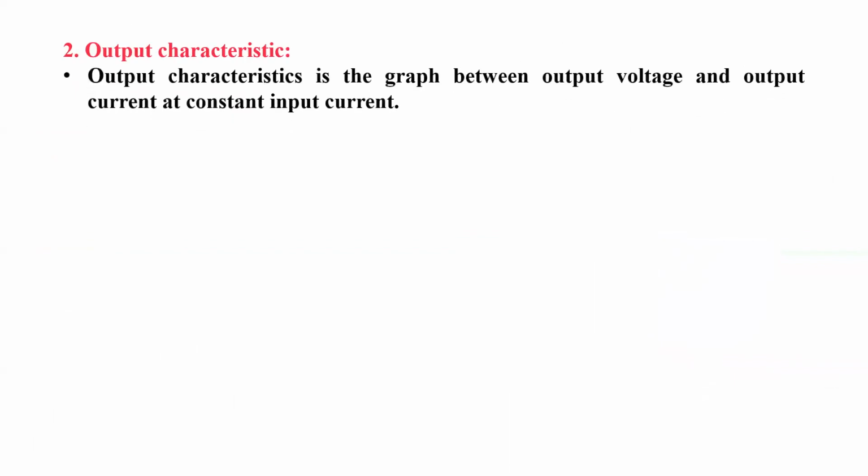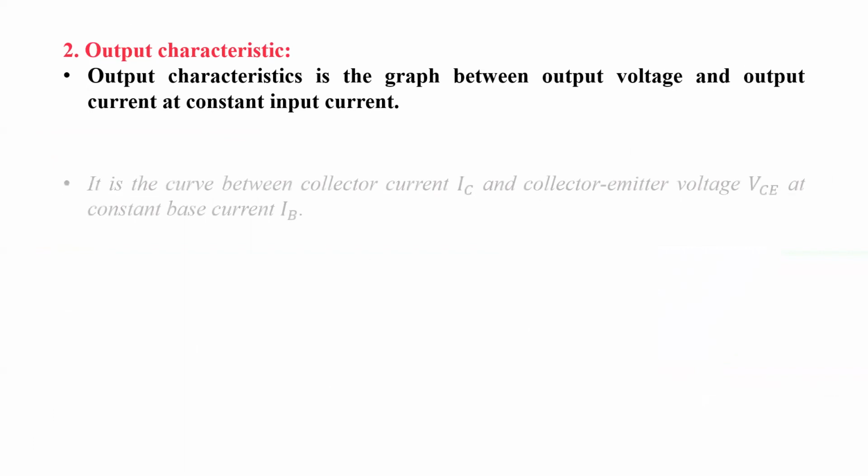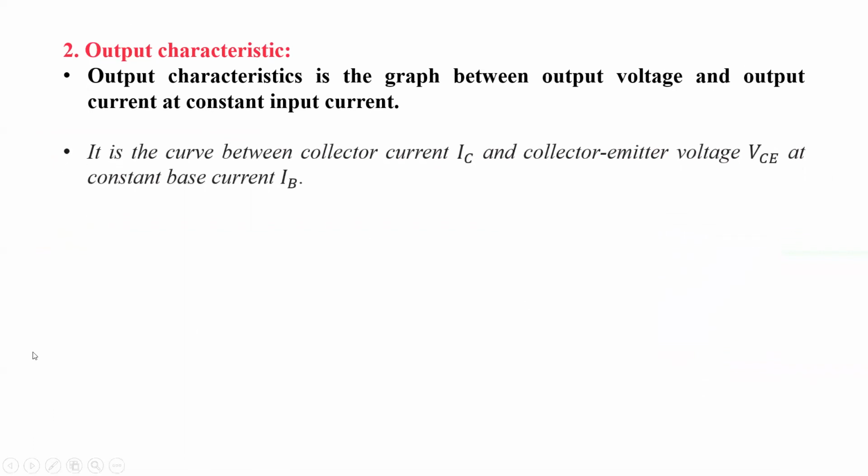Next, we will take up the output characteristics. Basically, the output characteristic is the graph between output voltage versus output current at constant input current. So in CE mode, it is the curve between collector current IC versus collector emitter voltage VC at constant base current IB, because the output current is IC, output voltage is VC, and input current is IB.